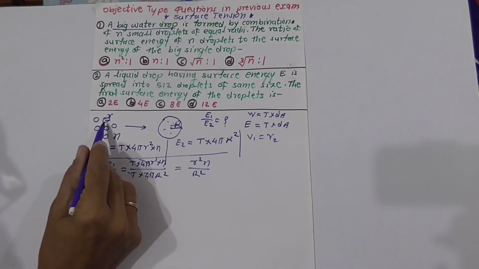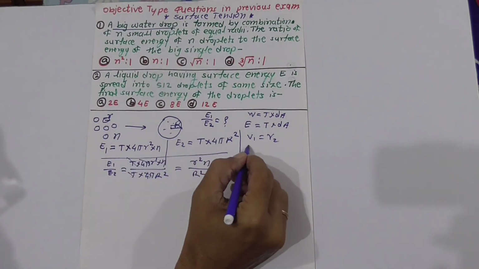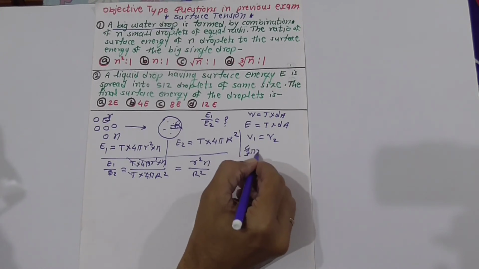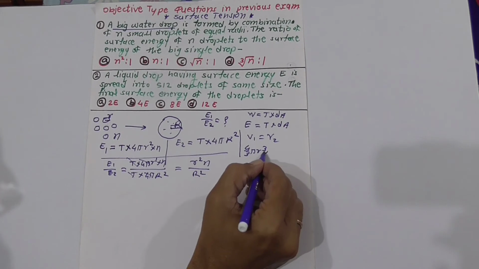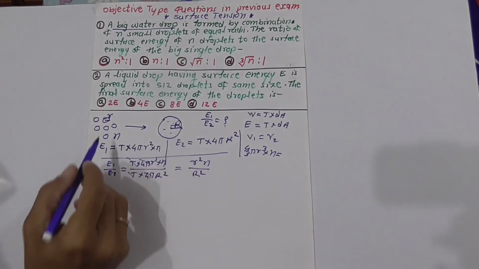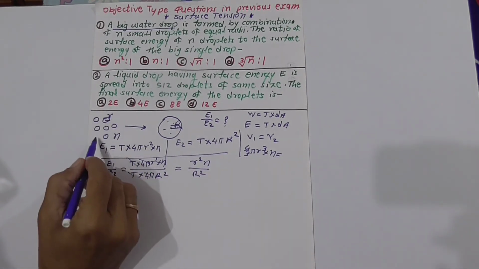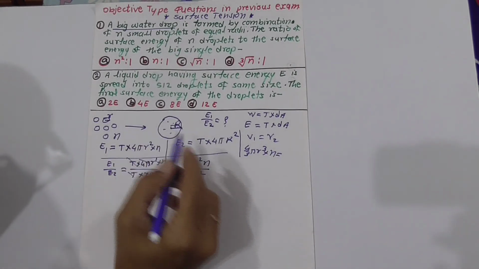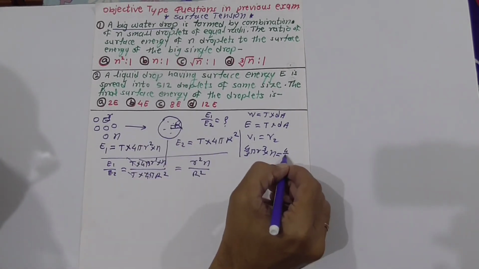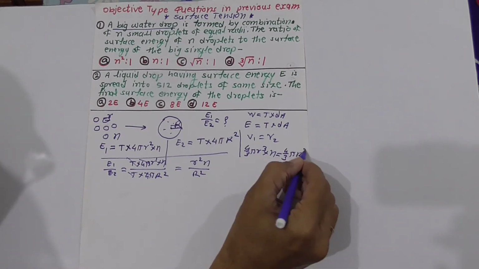The volume of a single droplet is 4 by 3 pi r cube. As there are n droplets, it is multiplied by n. This is the total volume V1, equal to V2. The volume of the single drop is 4 by 3 pi capital R cube.